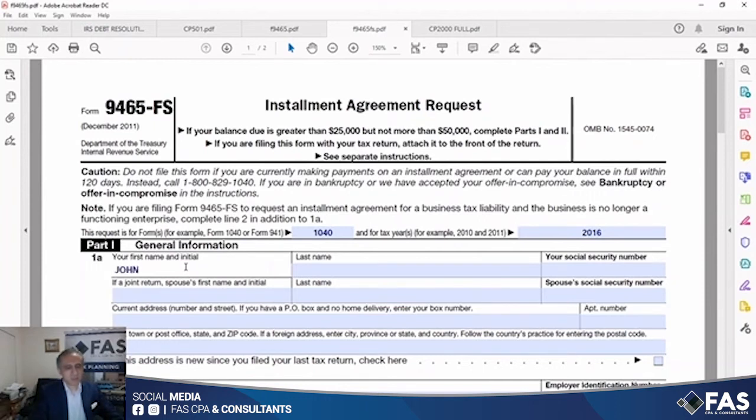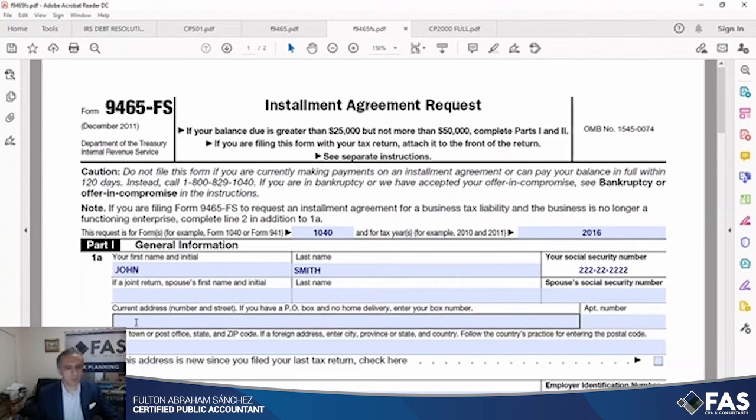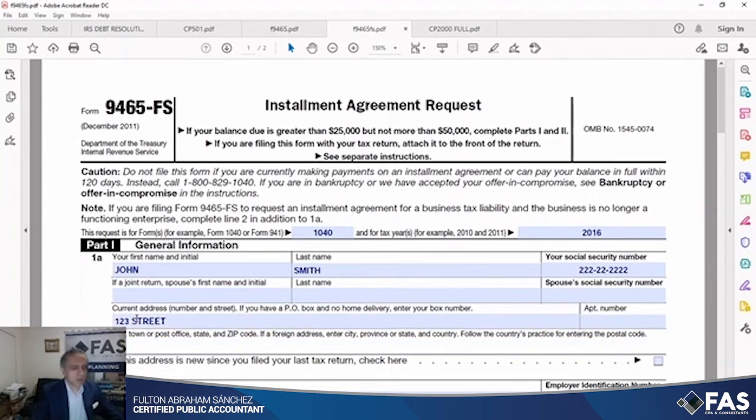What we're going to do here is John Smith, Social Security number, the street 123 Street, just a generic name, Miami, Florida 33133.